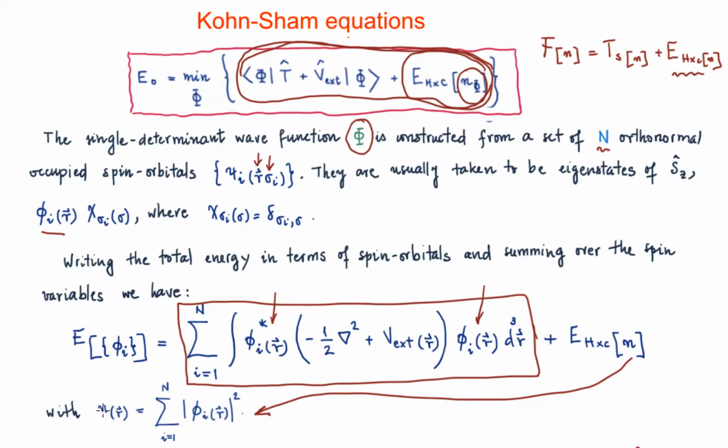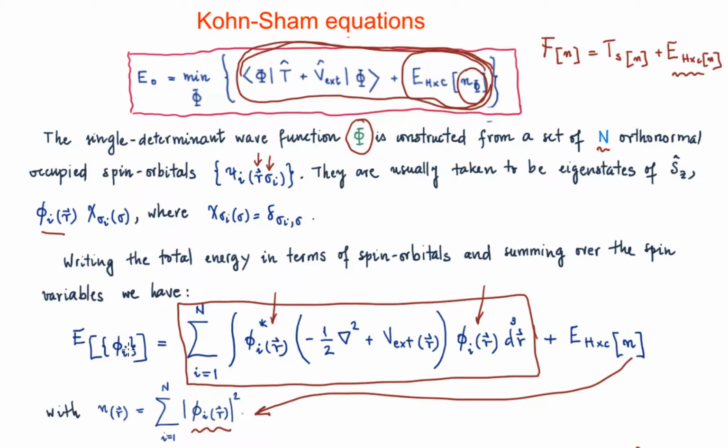So that's the electronic density as a function of these states. Therefore we have an expression here which depends on these one electron orbitals.